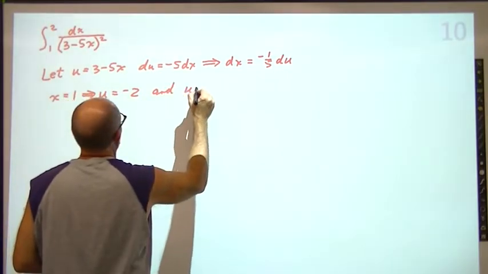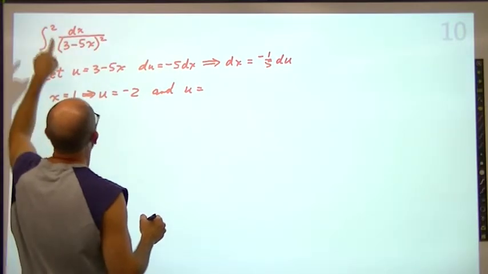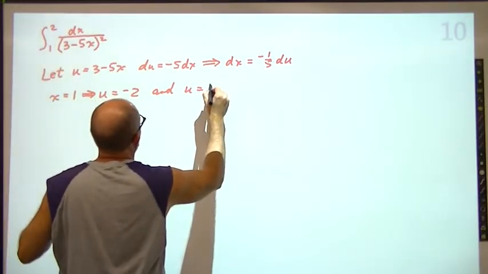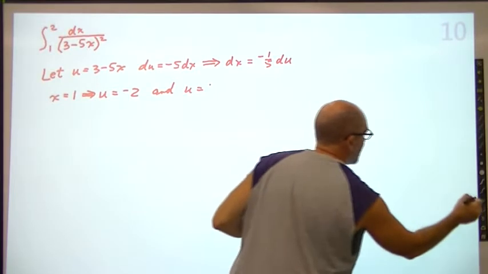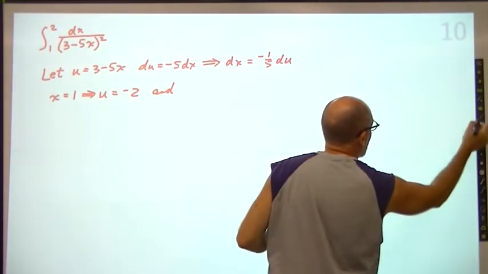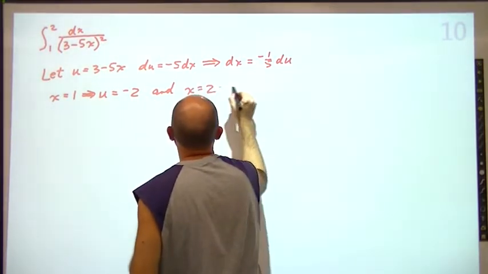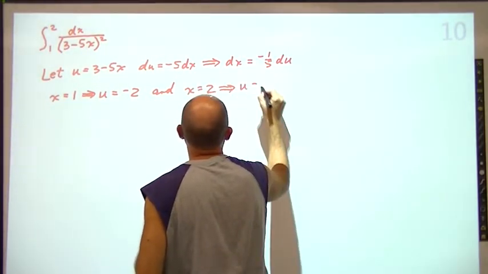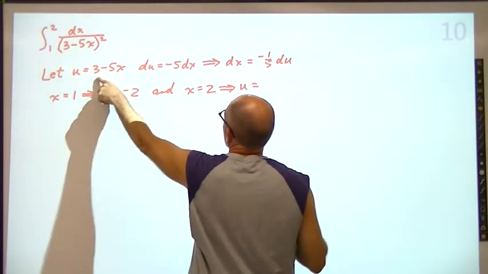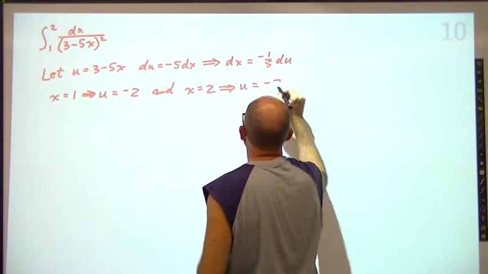And when x equals 2, then u equals 3 minus 10, which is negative 7.